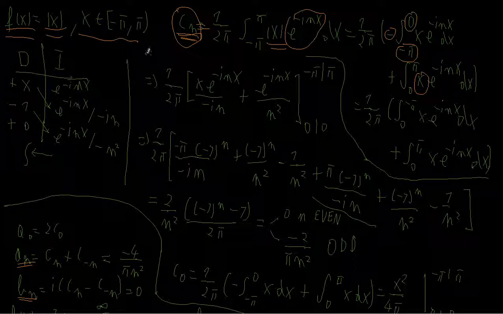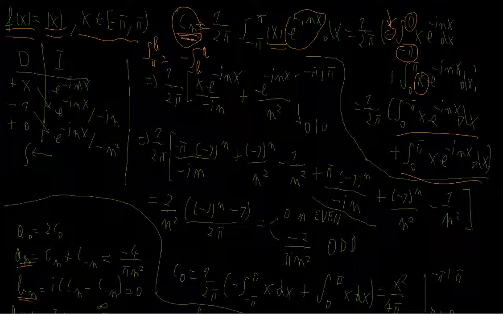Remember, the integral from a to b is equal to negative the integral from b to a. And so if I already have a negative sign in front here, I will get negative, so positive. So I will get positive the integral from 0 to negative pi of x e to the minus i n x dx plus the integral from 0 to pi of x e to the negative i n x dx. Okay.